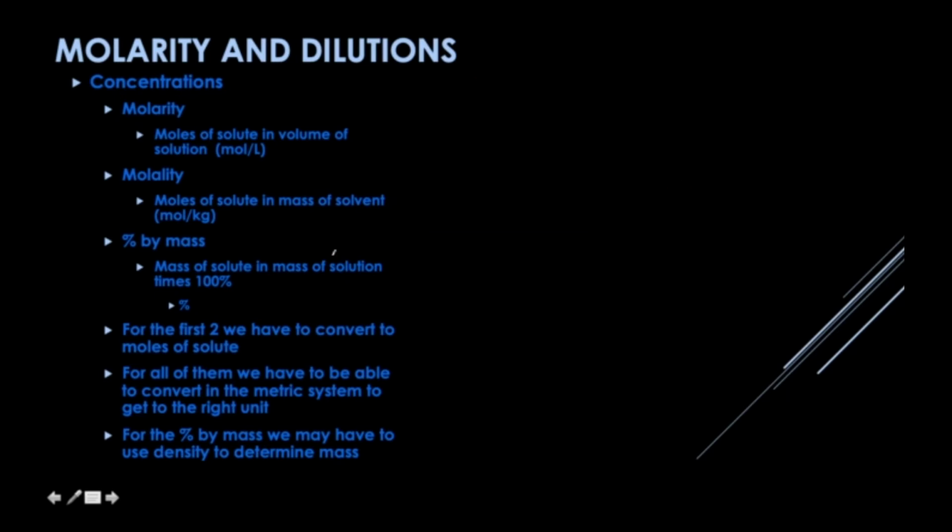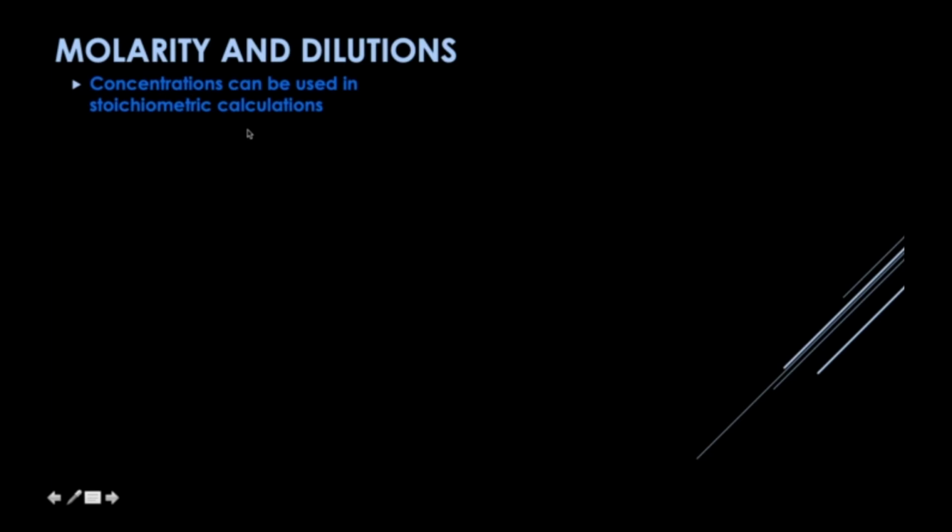Because the concentrations are already set up as fractions for all of them except a percentage, and even percentage to an extent is set up as a fraction, we can use them in stoichiometric calculations, especially those with moles. So let's say you have a single replacement reaction.